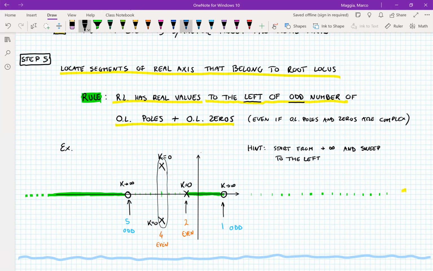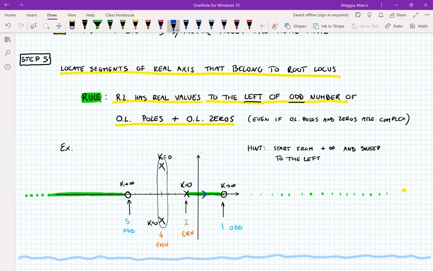So the direction of growth is, it's natural to think that we go from this open loop pole to this open loop zero. So we go from the left to the right.